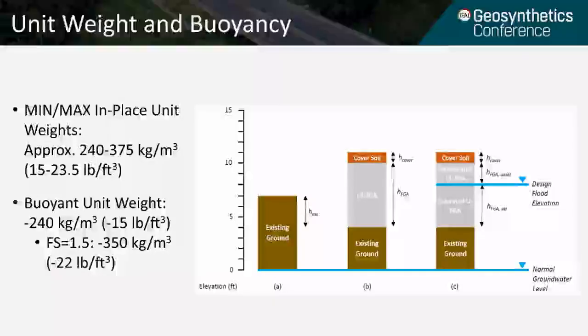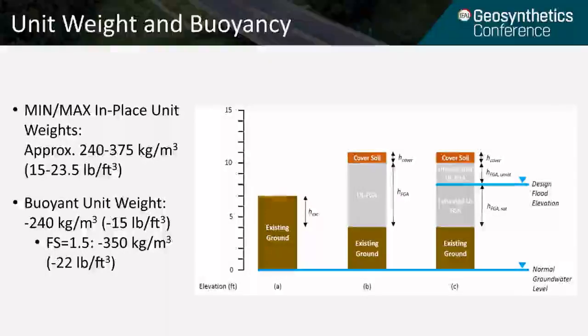The first properties that I want to talk about are actually not mandated by the AASHTO LRFD bridge construction specification for MSE wall backfill. And these are unit weight and buoyant unit weight. So the minimum and maximum in-place unit weight for foam glass can be considered to be 15 to 23.5 pounds per cubic foot.